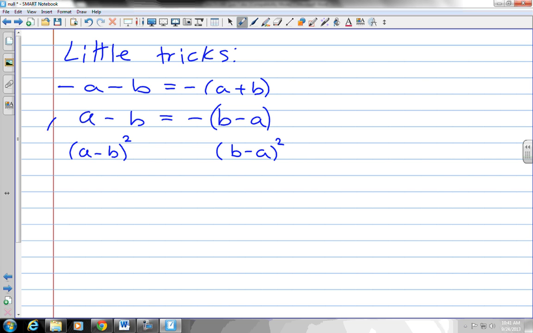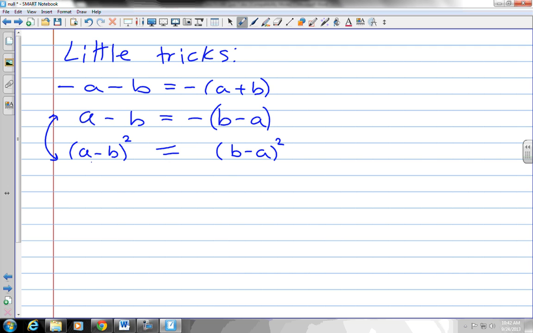Here's the connection between these two lines: a minus b and b minus a differ by a sign, like 4 and negative 4, 7 and negative 7. But here I'm squaring them on the next line. If I square two terms that only differ by a sign, like 4 and negative 4, what will happen? They'll both be positive, so they'll both be equal. So if you flip inside the square, nothing really changes.